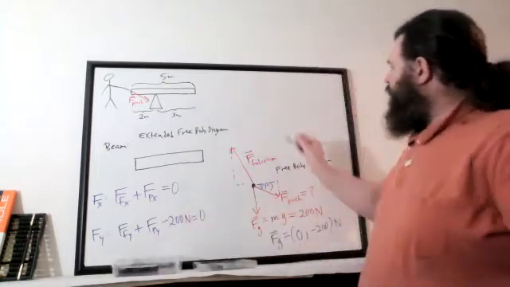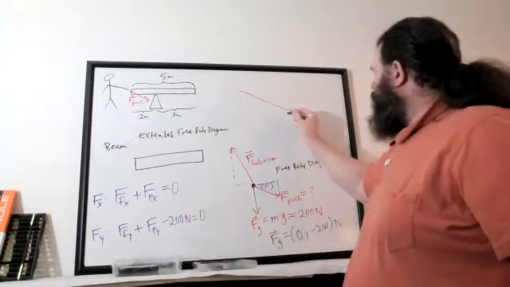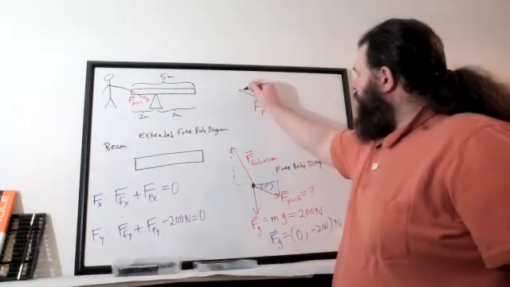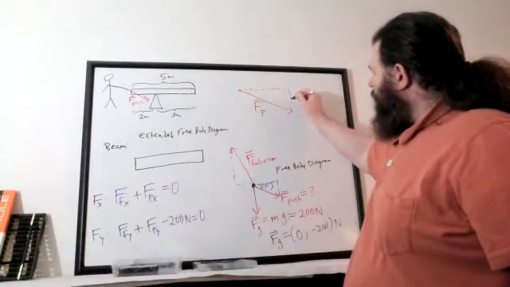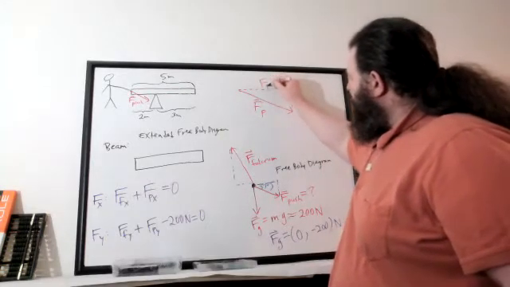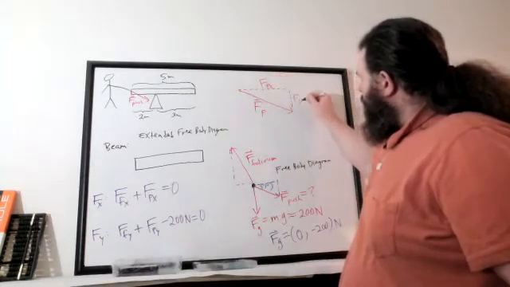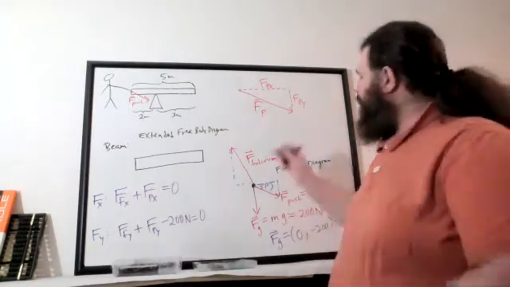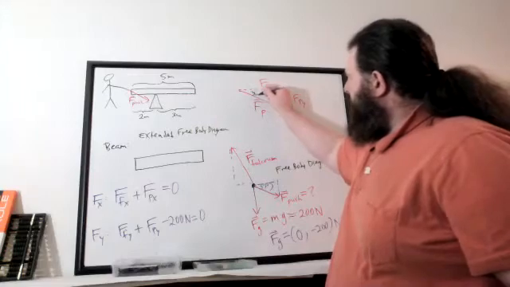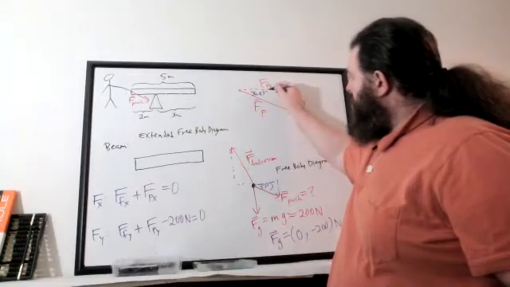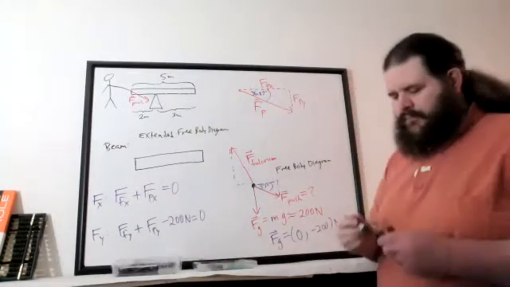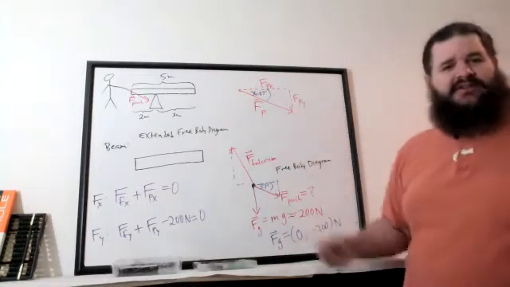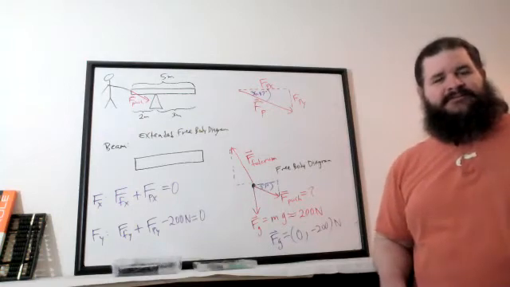Going back to this force of the push, let's say FP, we want to split that into an x component and a y component, FPX and FPY. And all we know is this angle is 36.87 degrees. So what does that tell us about FPX and FPY in relation to FP itself?